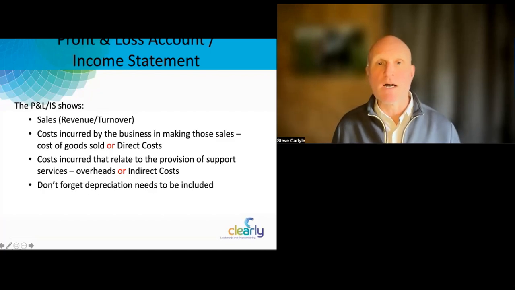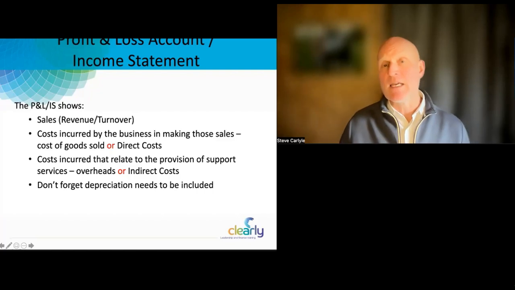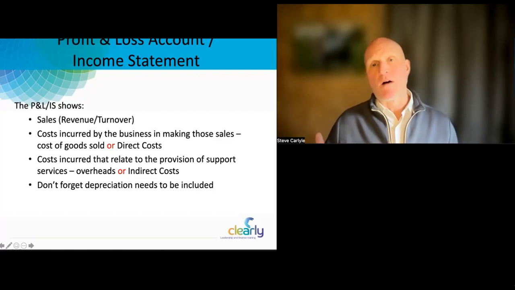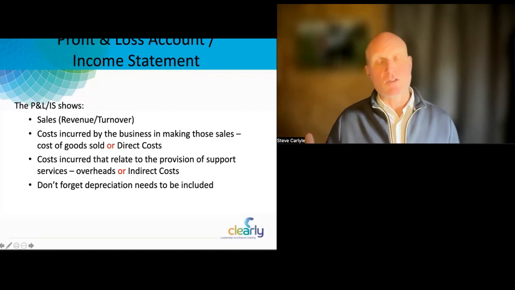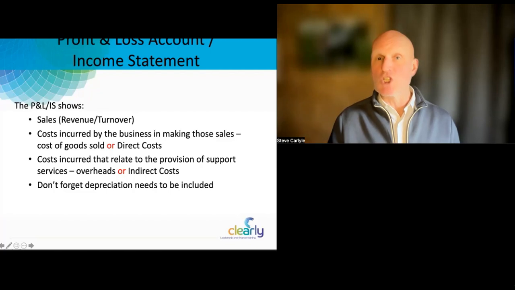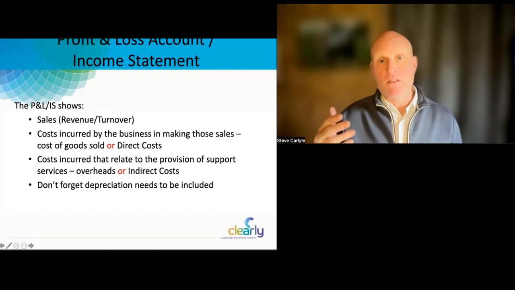And then we'd also have, of course, always depreciation. I've just mentioned it in terms of the van. Now, that was an example of depreciation of an item which was part of the overhead costs, but you can also have depreciation which goes in the direct costs category as well. So for example, if you were running a factory and you were manufacturing goods, then the cost of the machinery would be a direct cost. And so the depreciation of the machinery, any repairs to the machinery, those costs would go into direct costs as well.